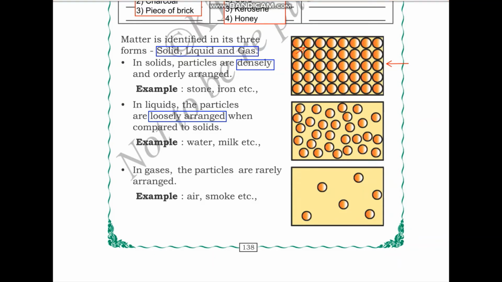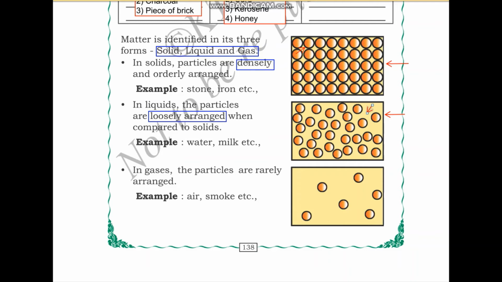Loosely arranged means there is space between the particles when compared to solids. So if you can see in the second image here, there is lot of space between two particles. When compared to solids, which had very less space between two particles, particles of liquid are loosely arranged. So examples for liquids include water, milk, etc.